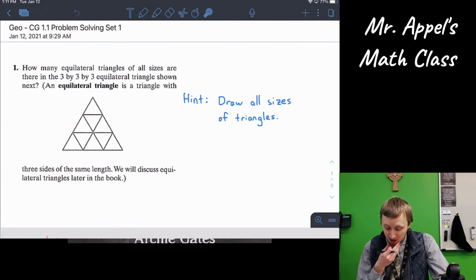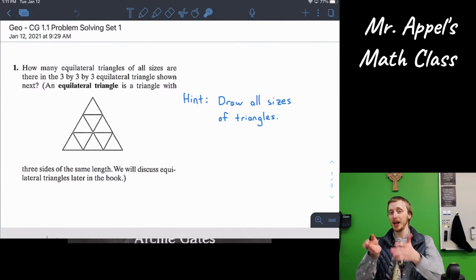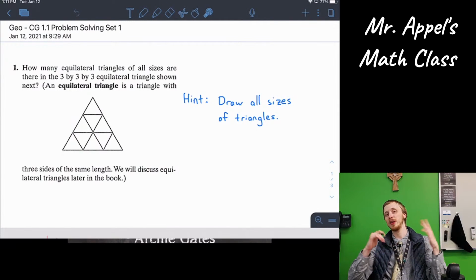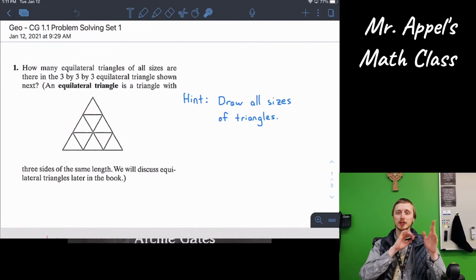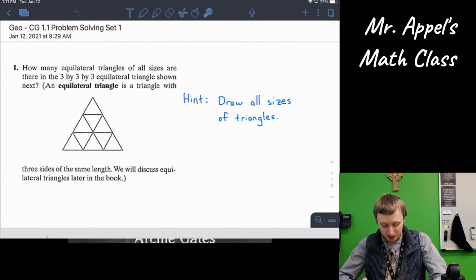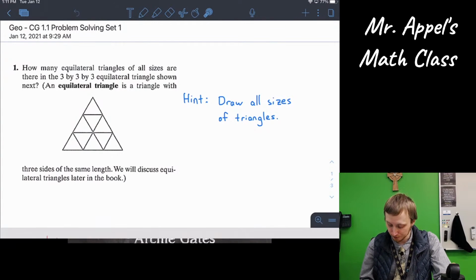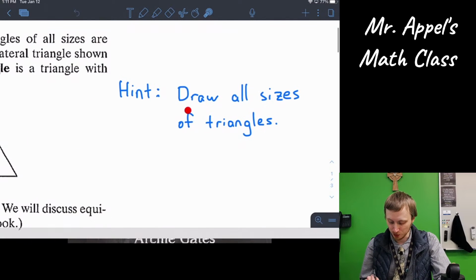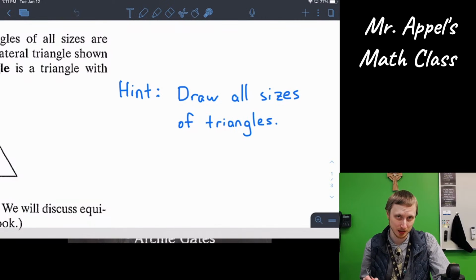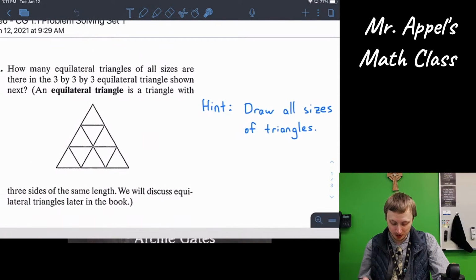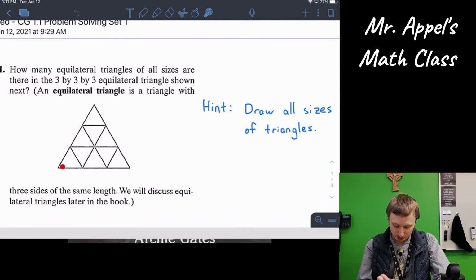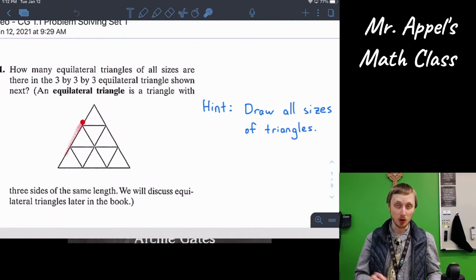So this sounds very much like the question we actually did yesterday with the squares. How many squares can I draw here? Except this time the shape is a triangle. So my hint for you to get started would be to work on drawing all possible sizes of triangles that are pieced together. You can see here, this is one big triangle, but it is 1, 2, 3 triangles tall.